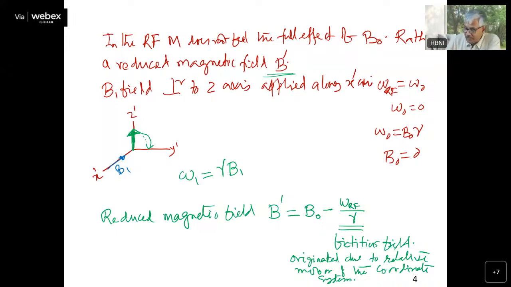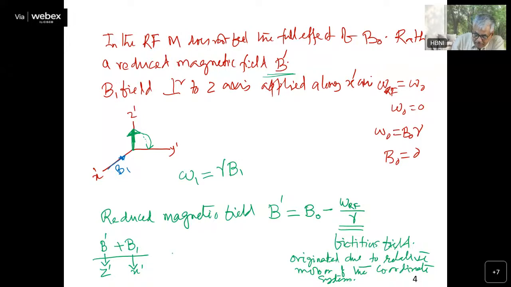Now if B prime is not 0, you have one field B prime and another field B1. These are the two fields you are getting. One is along the Z direction, and the other is along the X prime direction, with this being the Z prime direction.